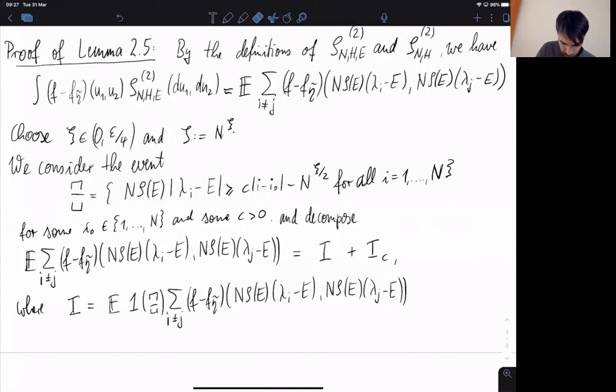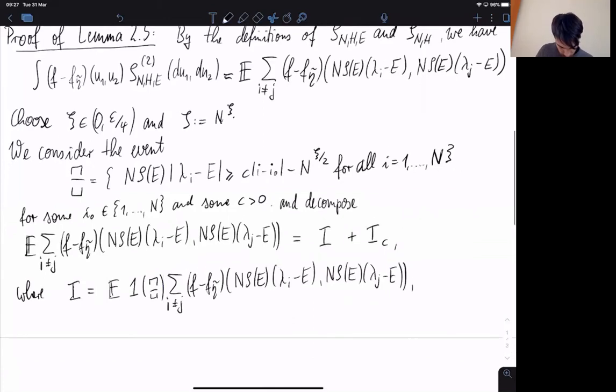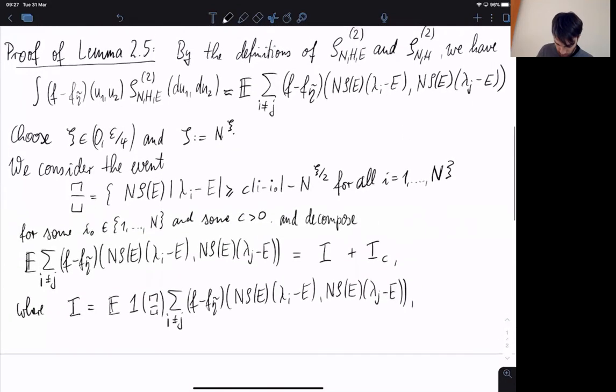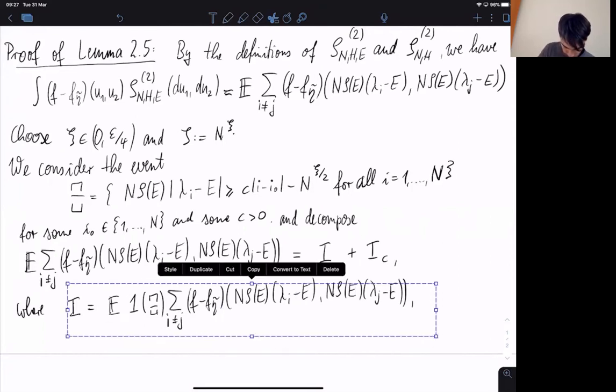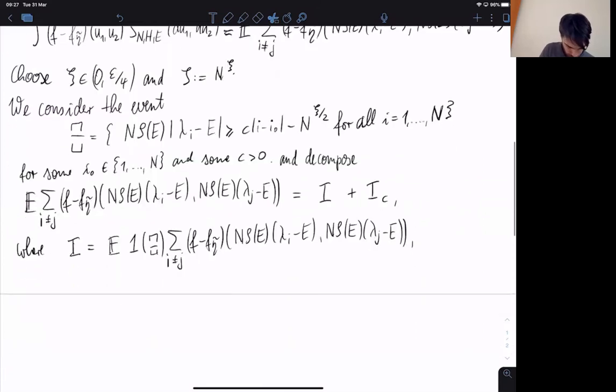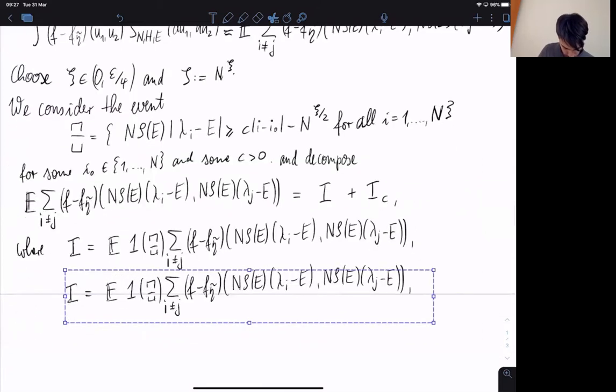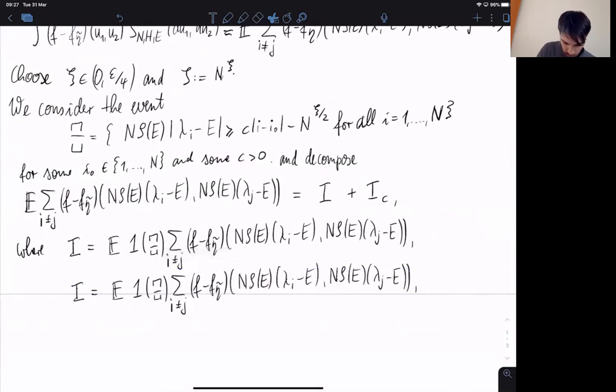And then we have the same thing with the IC, but then we have the complement. So I have an IC here, and then I have this complement here. Okay, so we have this decomposition.